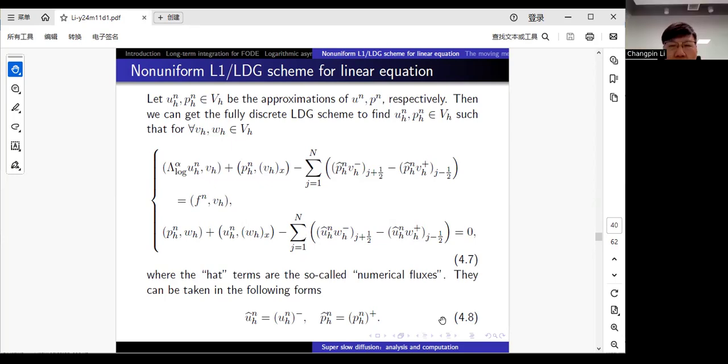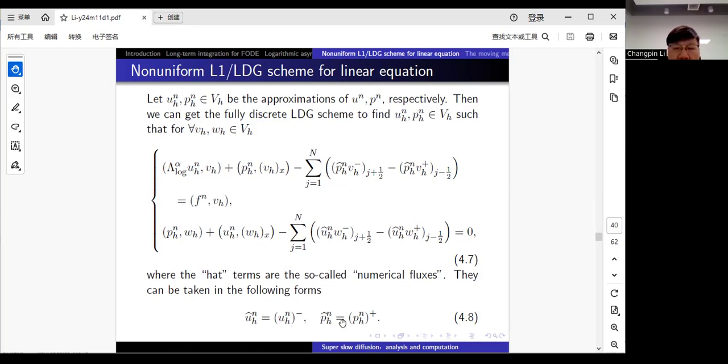In space we use a local discontinuous Galerkin method. So we divide the given domain into many sub-intervals, and at the interface the solution has some jumps. So at the interface we need to use this.